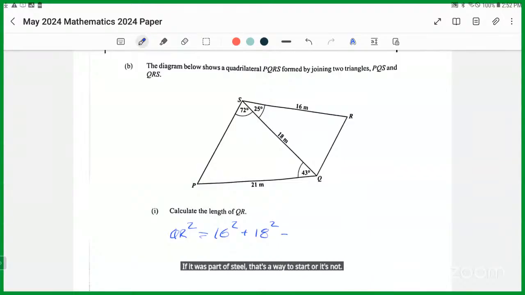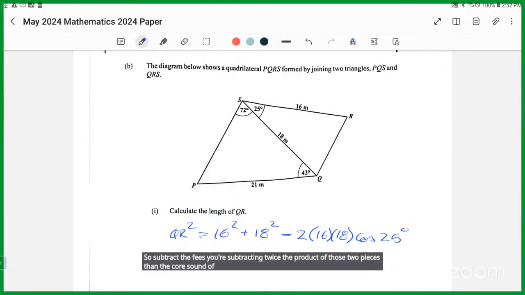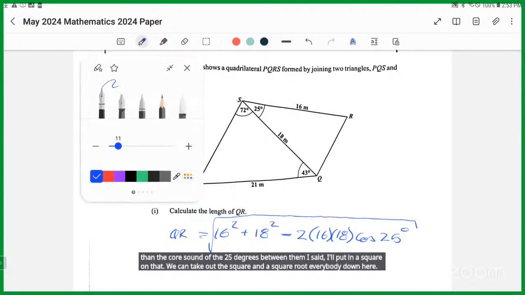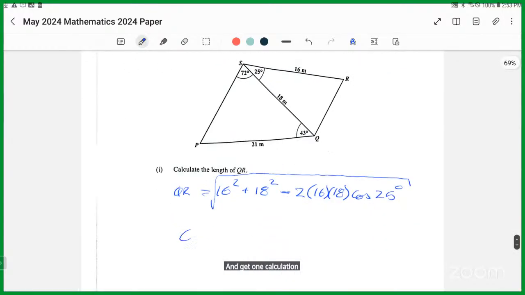So you have to subtract a piece: twice the product of those 2 sides times the cosine of the 25 degrees between them. And instead of putting a square on that, we can take the square root of everything and get 1 calculation. So QR equals what? Can anybody work it out and tell me what it is?